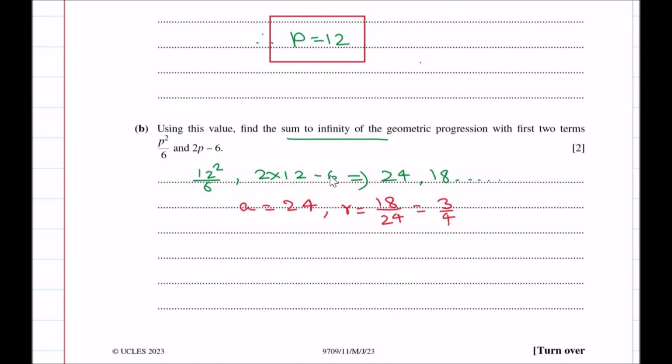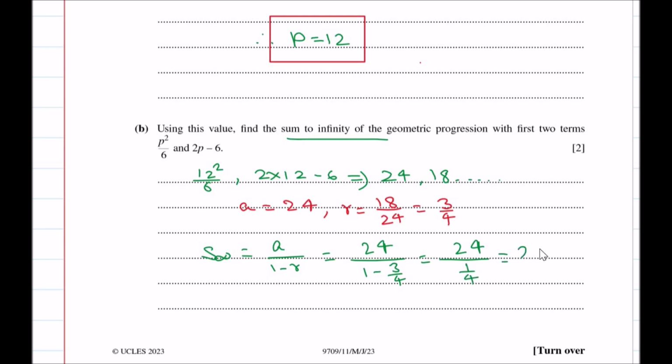Now we have a and we have r, so we can find the sum to infinity. Sum to infinity equal to a by 1 minus r. So a is 24 divided by 1 minus 3 by 4, that is 24 divided by 1 by 4.